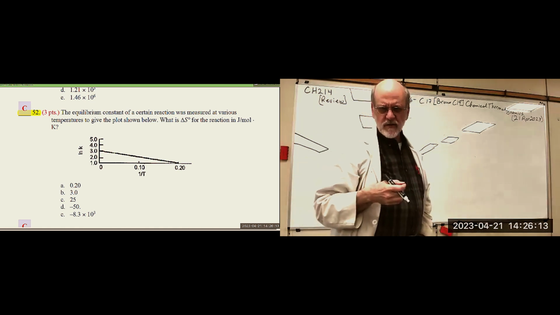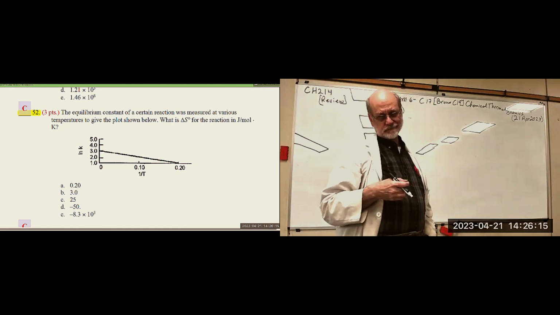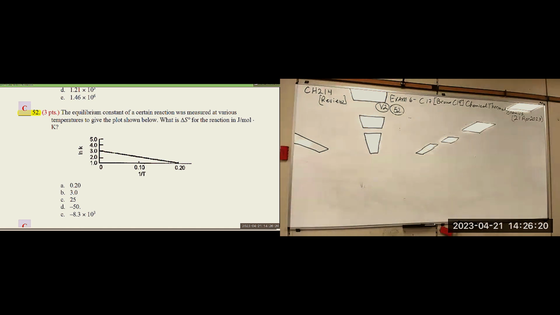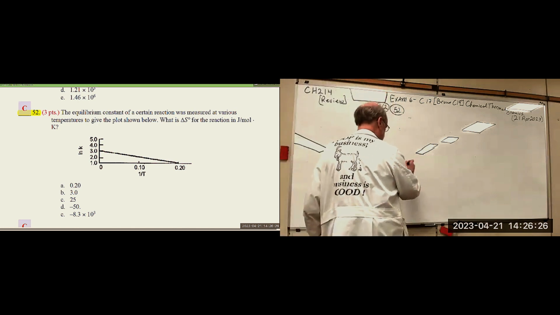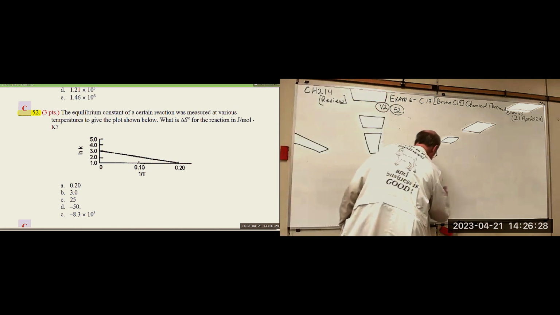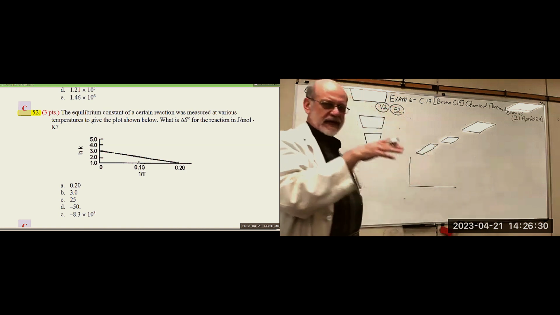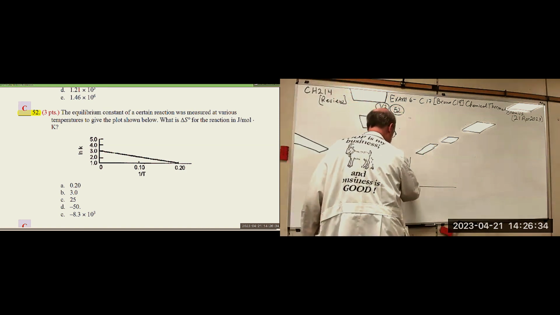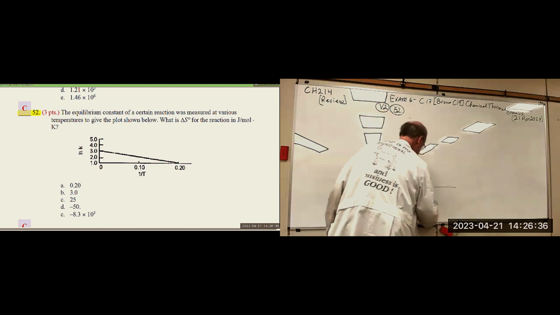All right, we're given this graph. Do I need to draw that? Yeah, I guess I do. So we've got this graph of data K at different temperatures. We've got log K here, 1 over T here.